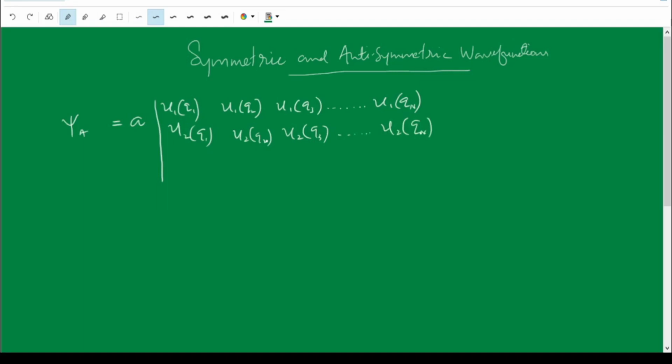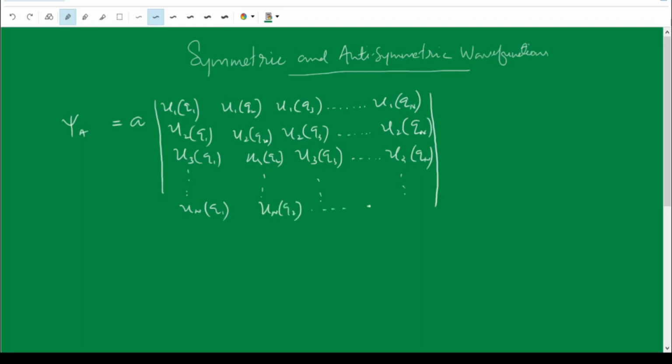Similarly u3 of q1, u3 of q2, u3 of q3. So it goes like this, up to un, un of q1, un of q2, un of qn.